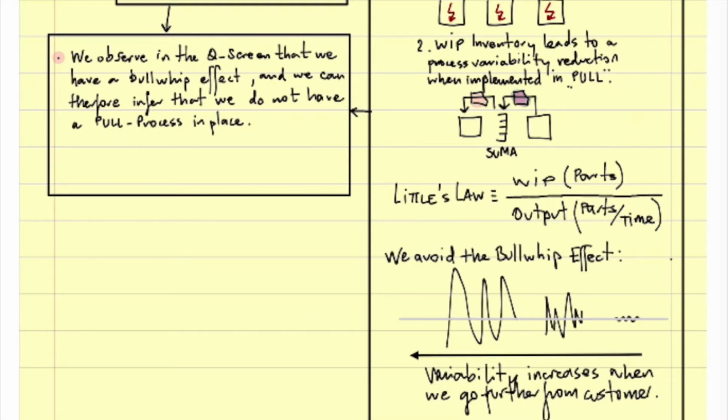Okay, the definition of pull is to produce taking into consideration the customer's demand. The definition of push is to produce without taking into consideration the customer's demand.